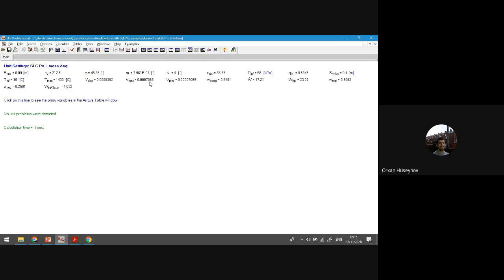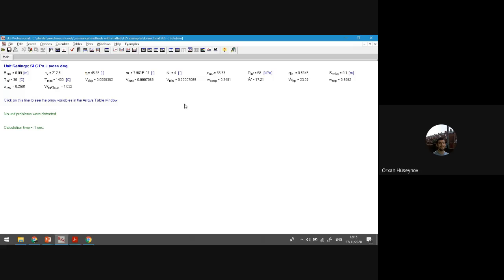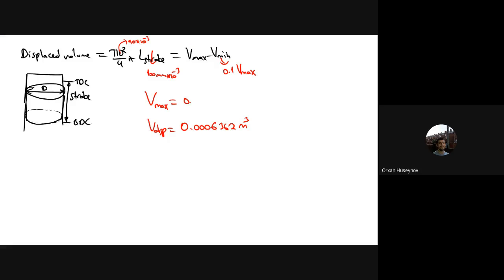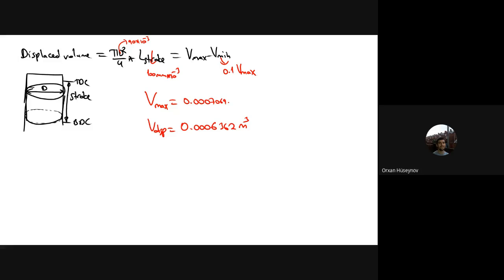The displaced volume value is 0.000636 meters cubed. This is just a calculation you can do by yourself. Maximum volume value is 0.0007069 meters cubed.